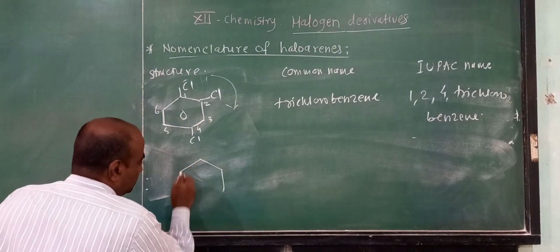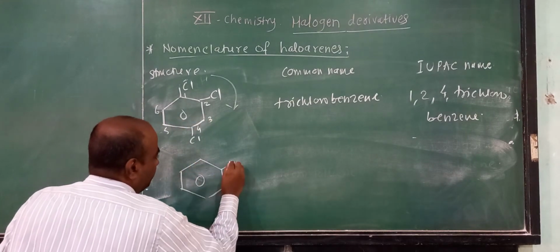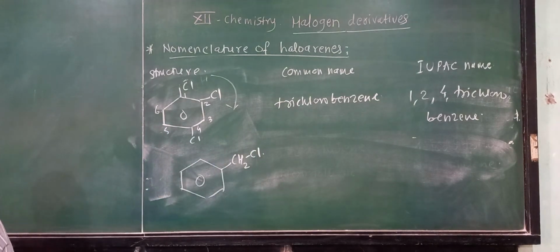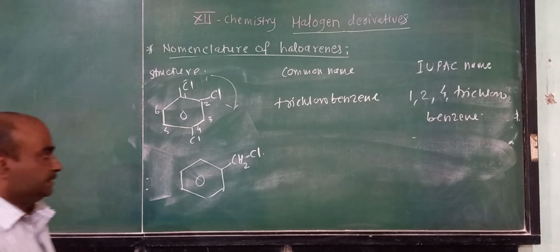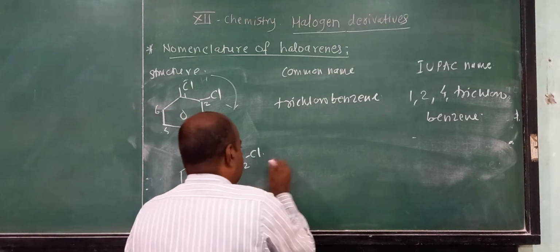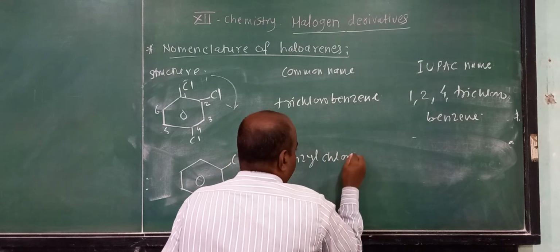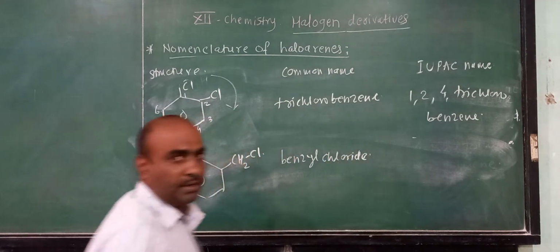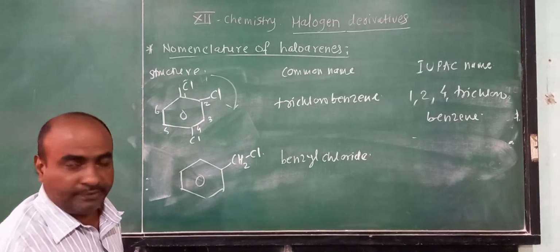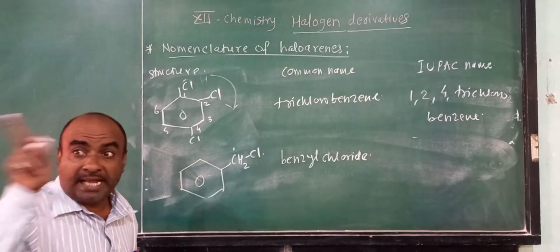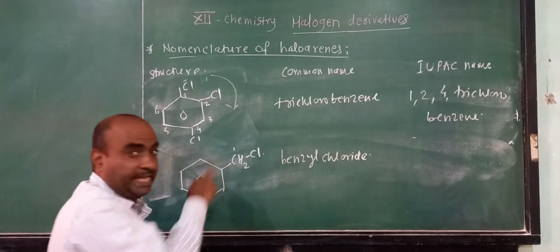Now see one more example. Suppose we write this benzene substituted compound with CH2Cl. What will be the common name for that compound? The common name is benzyl chloride. And remember well, for the IUPAC name, only one carbon is present, so it is considered as a derivative of methane.